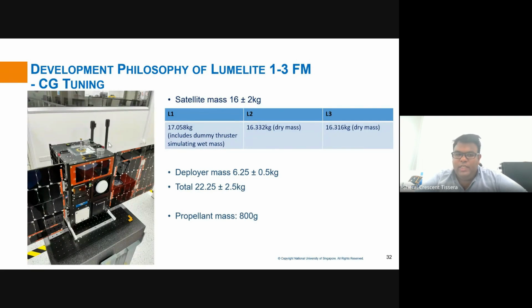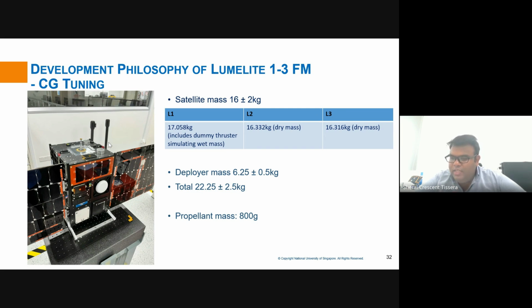So what we do is a CG tuning, such that the center of mass of the satellite is aligned with the thrust vector of the propulsion system. Of course, we cannot make it perfect. So we came up with the requirement that the center of mass should be within 5 centimeter offset from the thrust vector.